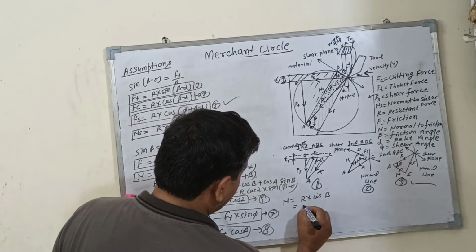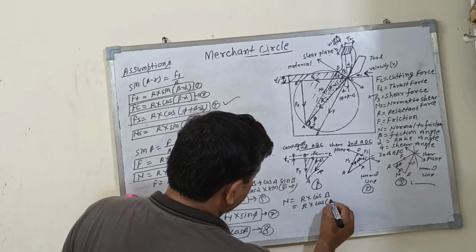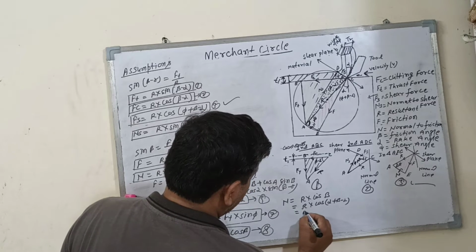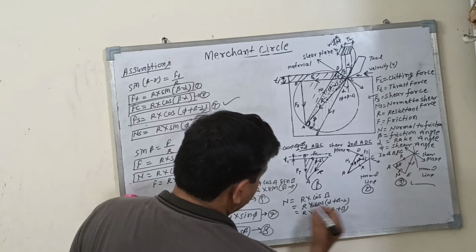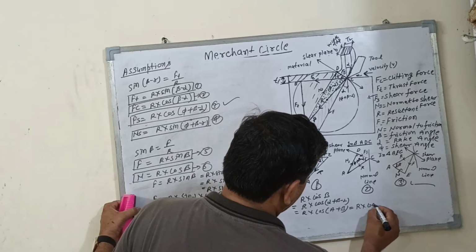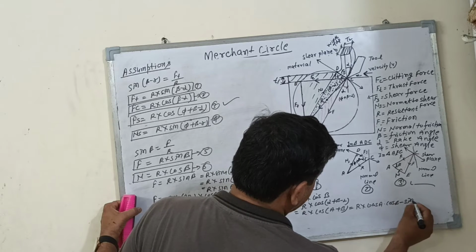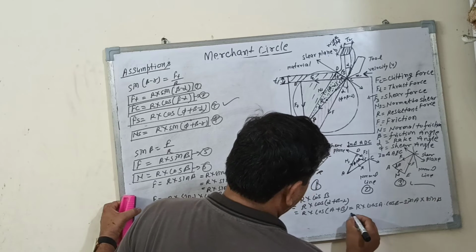So here you can write in this way: cos(alpha + b − alpha). So R is equal to cos(a + b). So you can write in this: cos a cos b minus sin a sin b.